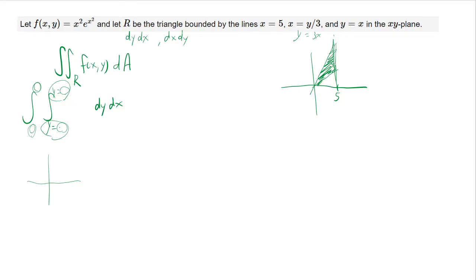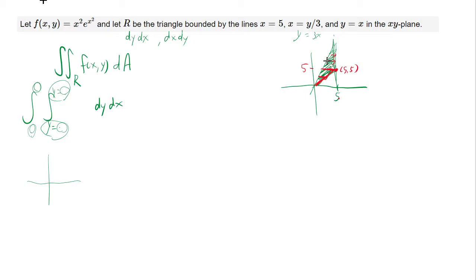And then you're supposed to be able to paint this region R either horizontally or vertically. Now if you try to do this horizontally, you realize that something happens at this point, which should be 5 comma 5, because this is y equals x. If the x coordinate is 5, the y coordinate should be 5, right?